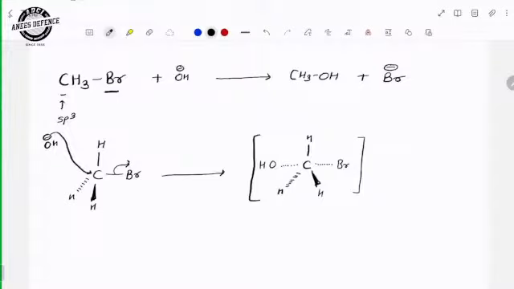So there is partial bond breaking and bond formation. This is my transition state.